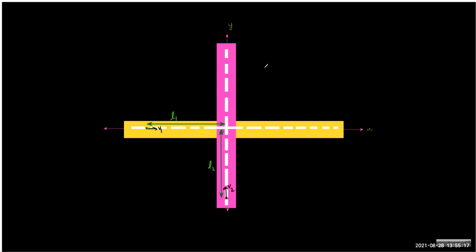Sir, I got E equals under root V2 square L1 square plus V1 square L2 square divided by V1 square plus V2 square. No, the square root term will not come in the numerator because in the cross product it is never root.